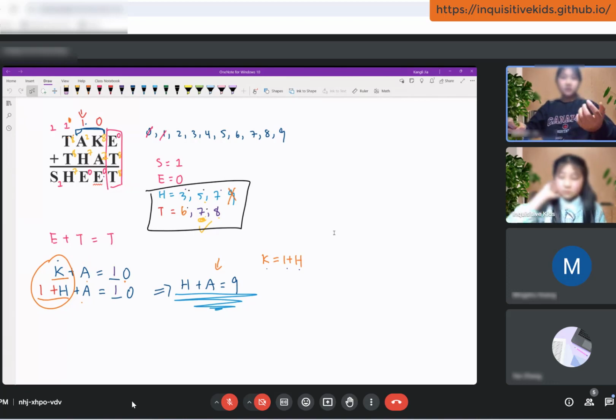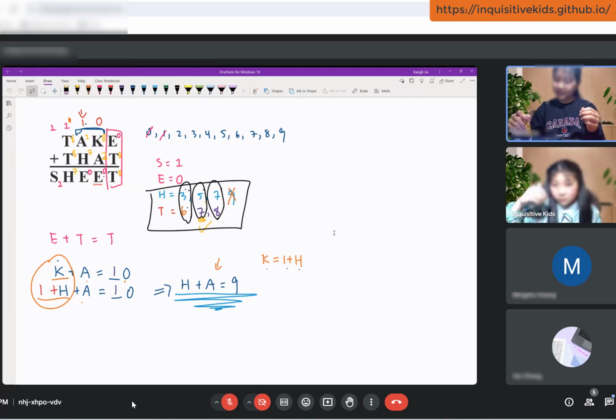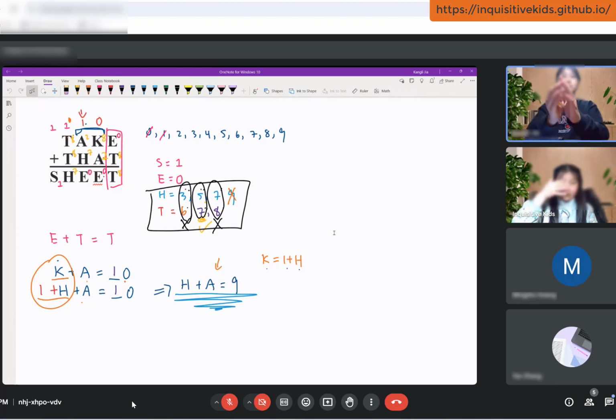If h equals 7, then t equals 8. And then knowing this, we tested out every single one of these 3 possibilities. And then in the end, eliminated these 2. So our final answer was that h has to equal 5 and t equals 7. And then knowing this, we can just plug the values in and then find the rest of the solution.